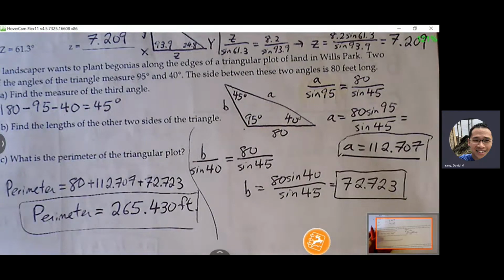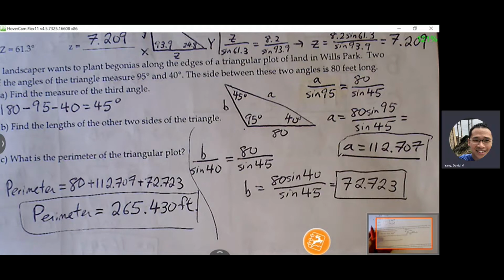That makes sense. Sorry. What is A? A is supposed to be 112, which is right. My work was wrong, but now it's right.